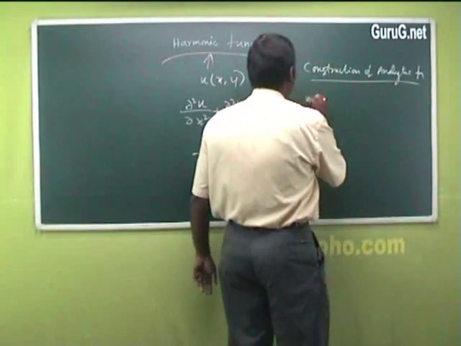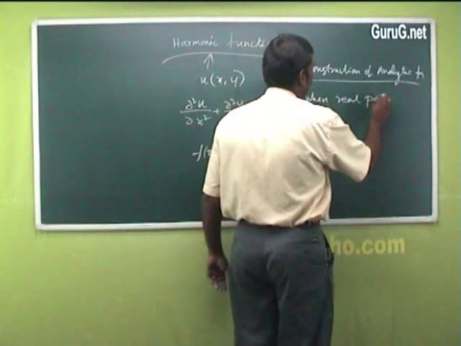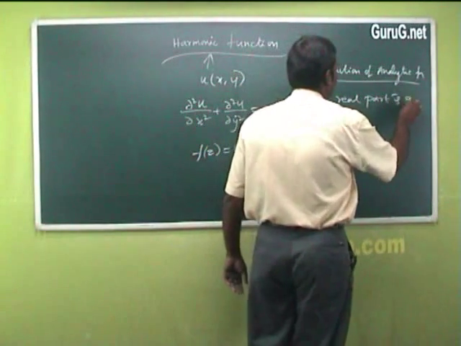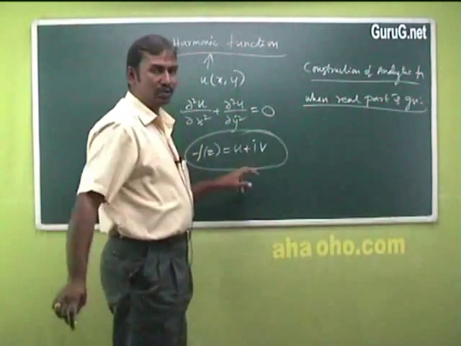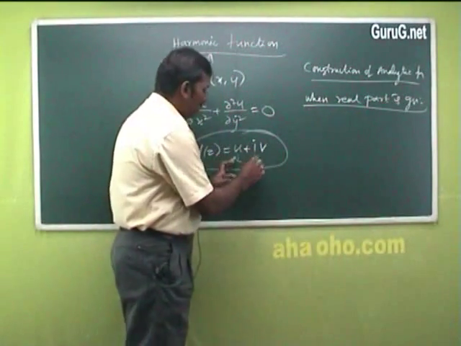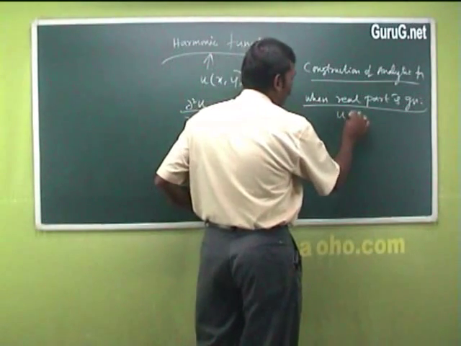So when our real part is given, this is an analytic function, and we construct it whenever either u is given or v is given. The real part is given, that is, u is known.